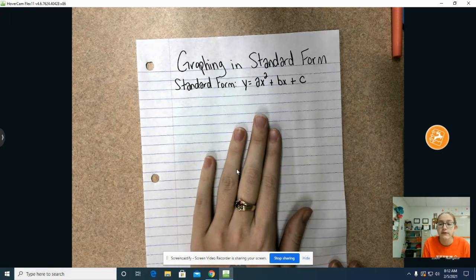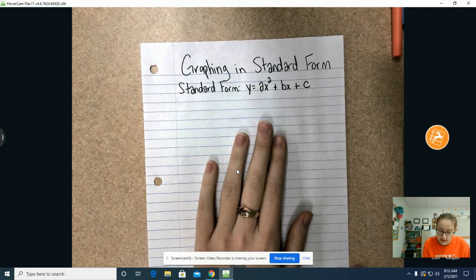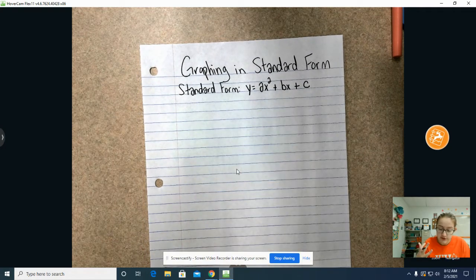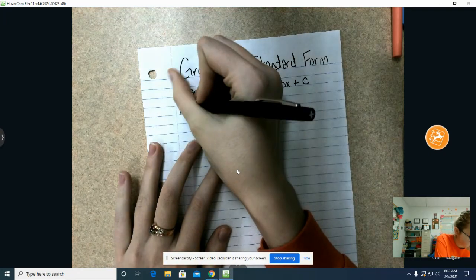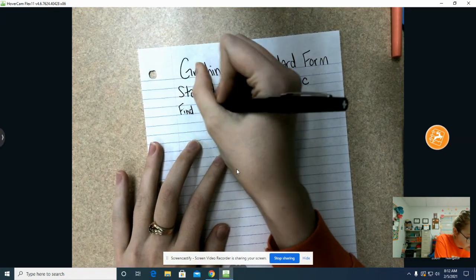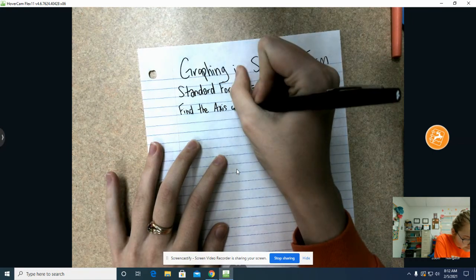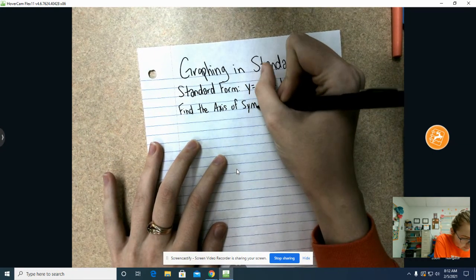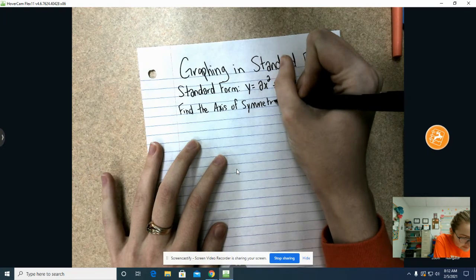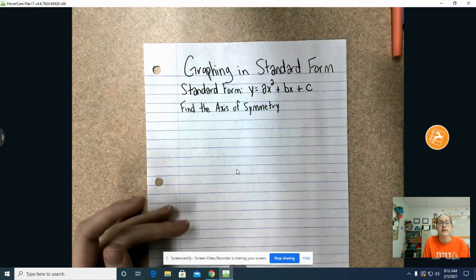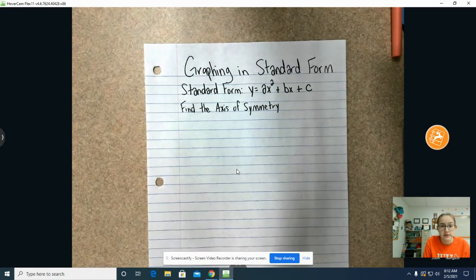And so this one is not as straightforward as our vertex formula. So what we have to do first is find the axis of symmetry. If we remember from when we were graphing in vertex form, the x coordinate of your vertex is the same as the axis of symmetry for that whole parabola.